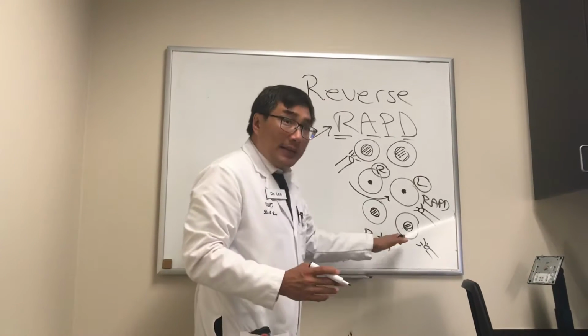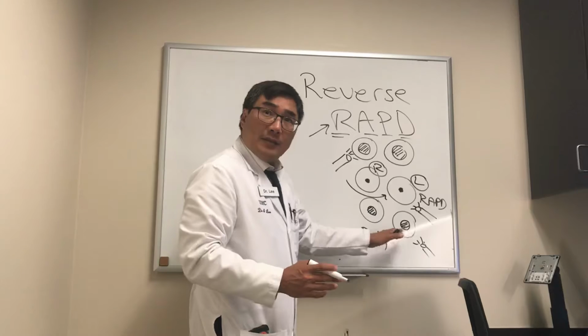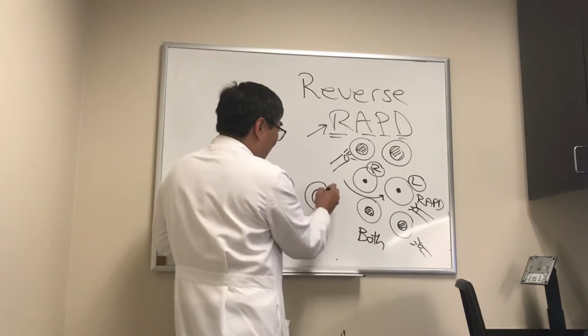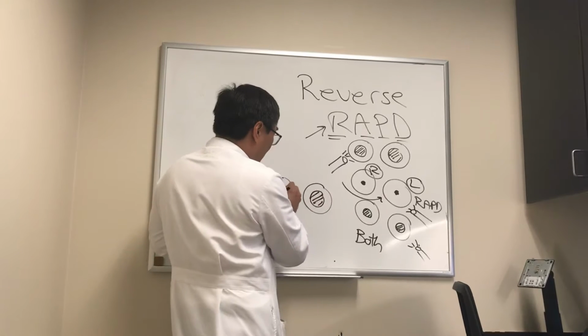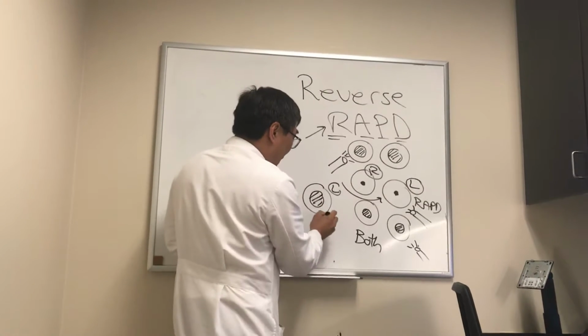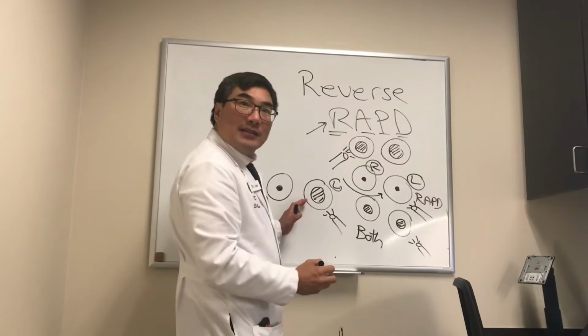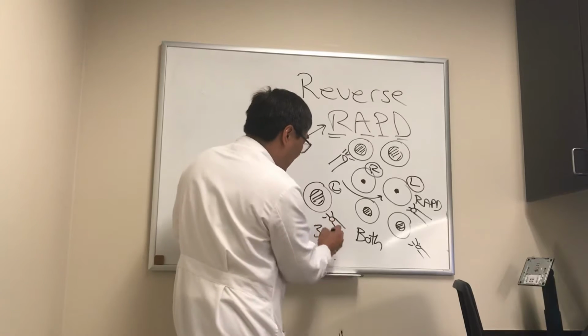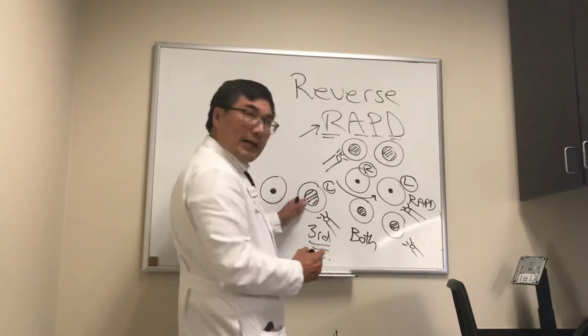Normally we don't have to do that because we can just rely on the affected pupil. However, if you have a fixed and dilated pupil and anisocoria, so this left pupil is dilated, but it also can't constrict because it has an efferent damage from a third nerve palsy or some other damage to the iris.